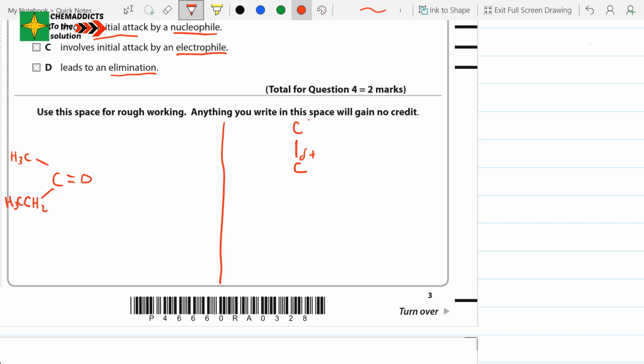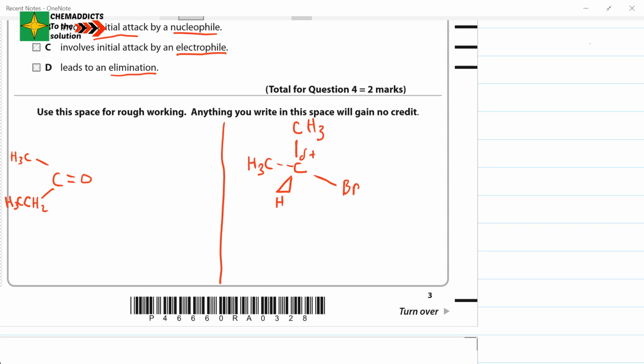This should be CH3, here we have bromine, here we have hydrogen, and behind we have CH3. As we can see, this is a tetrahedral arrangement. Let me draw this much more clearly.